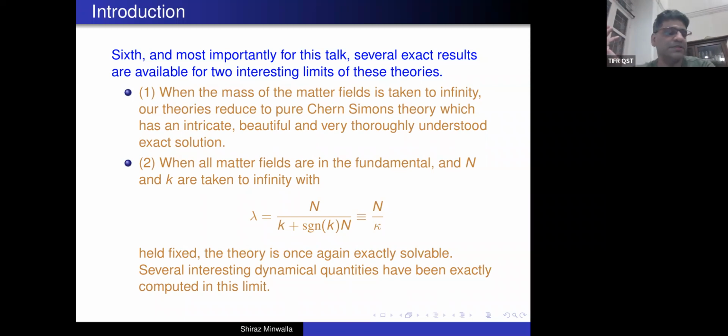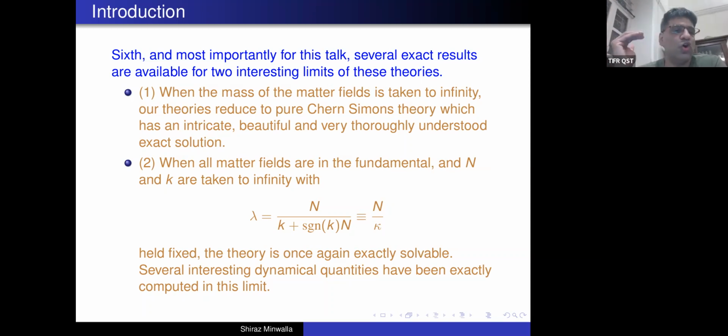Pure Chern-Simons theory was famously solved by Witten about 30 years ago, and in his beautiful paper, he essentially explained how to compute almost anything you wanted to know about these theories. Everything was computable, but non-trivial, very intricate and very beautiful.